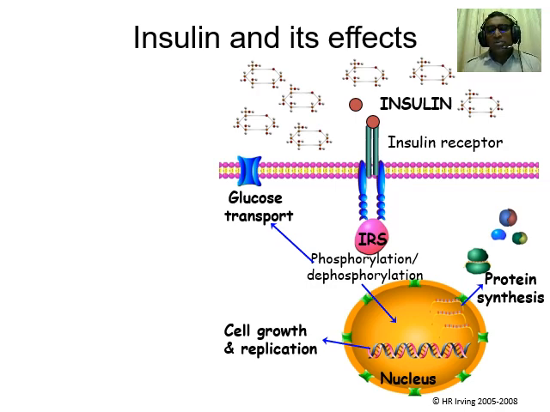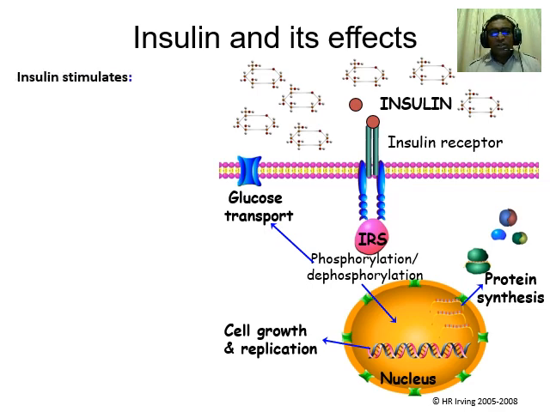Insulin will be triggered from the beta cells of the pancreas, and it will then come to the insulin receptor at the muscle. It will bind and cause the activation of IRS, insulin receptor substrate.